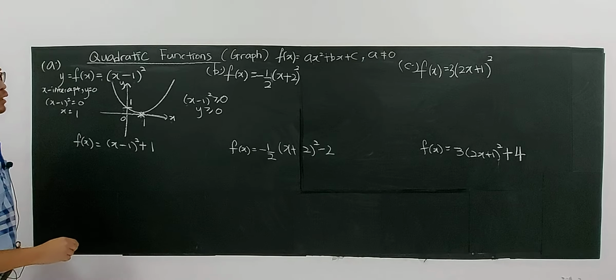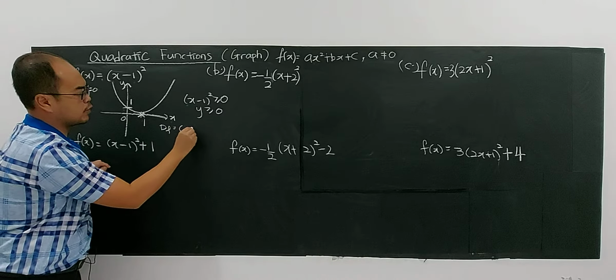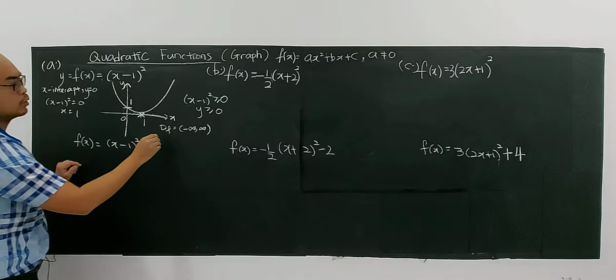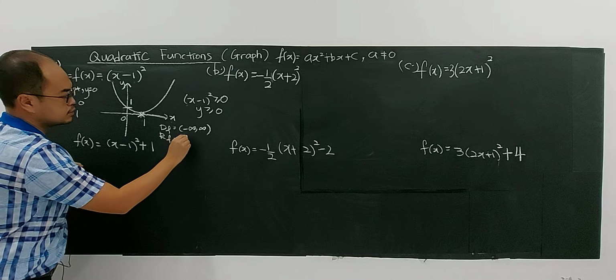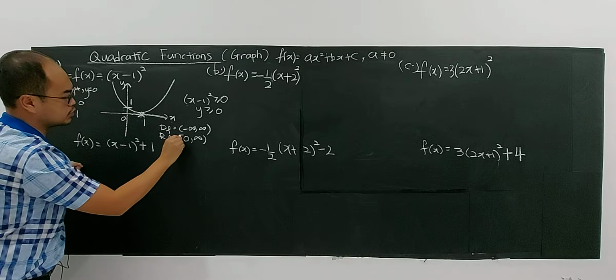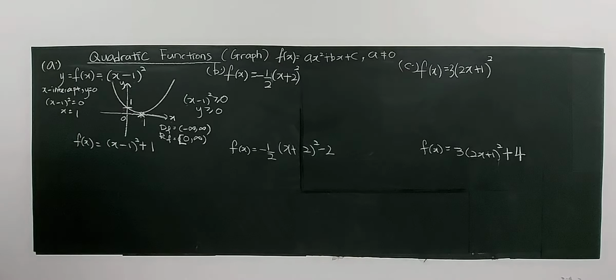From here you know your domain is always negative infinity to infinity for quadratic, and the range will be 0 up to infinity, including 0.